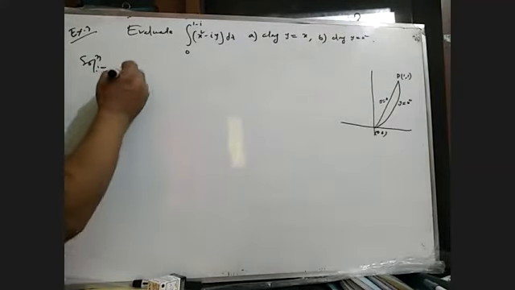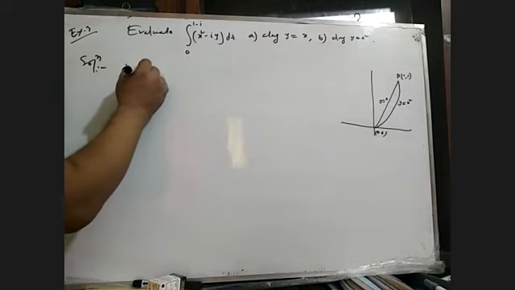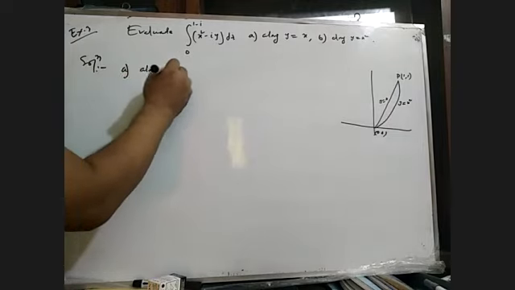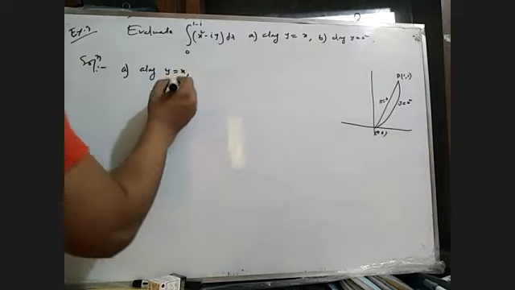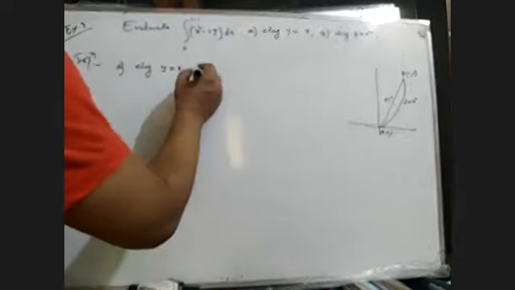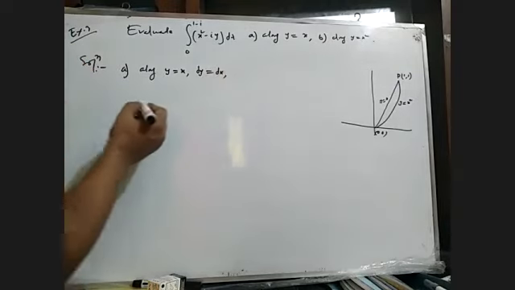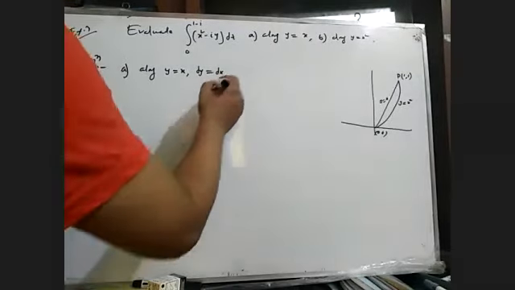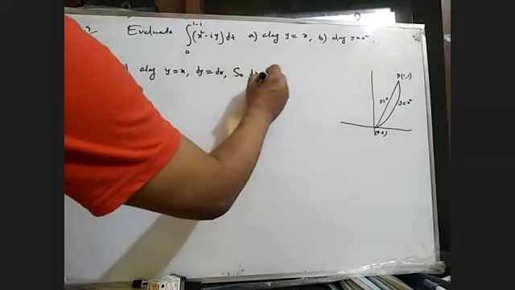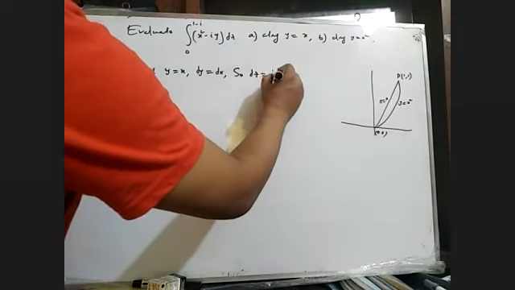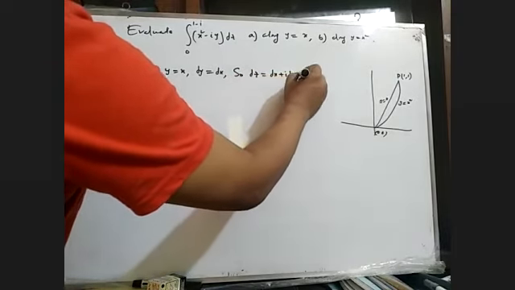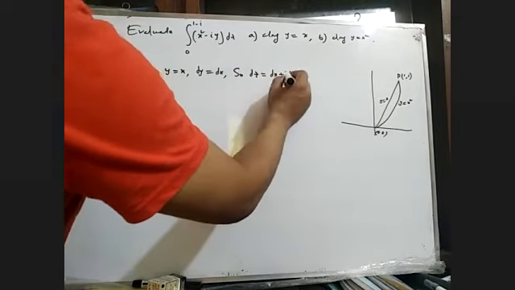So for the first part, along y equals to x, dy what will be? Only dx. So dz what will be? Dx plus I dy, and dx dy means what?